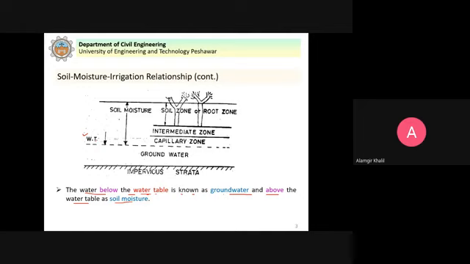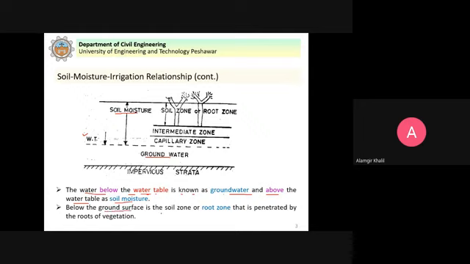Above this water table, we have soil moisture. And below this water table, the pores of the soil are completely filled with water, that is fully saturated, so that is known as the groundwater.